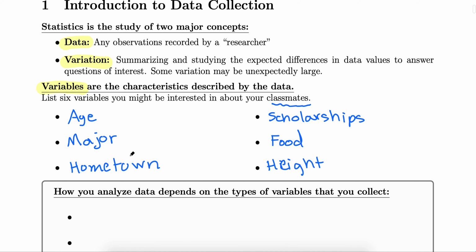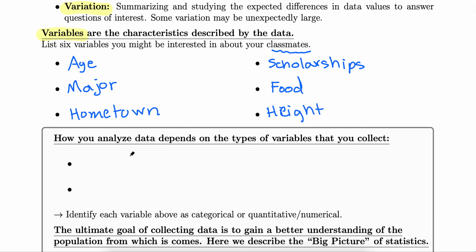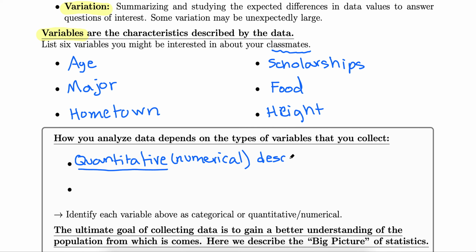So let's take a moment and define our two different types of variables. So first type of variable, and again, you've probably heard of some of these, is this idea of quantitative data. And you might think of this as numerical data. So quantitative data describes a quantity, as the name suggests.